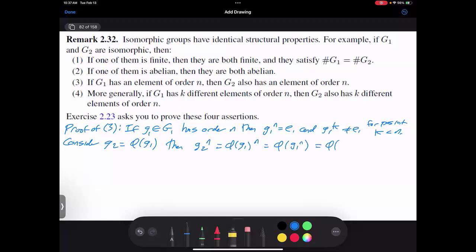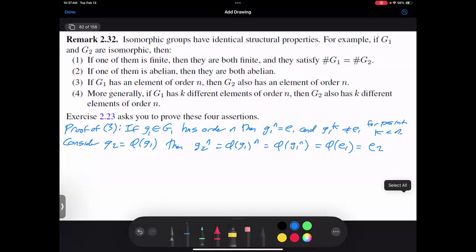But what is g1 to the n? It's just e1. And what's phi of e1? e2. So we've proven earlier that the identity is mapped to the identity under a group homomorphism. So we've shown that g2 to the n is e2.